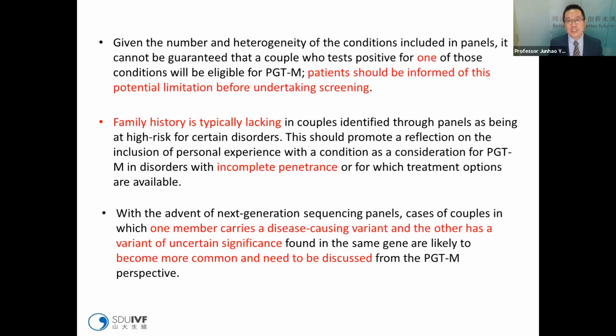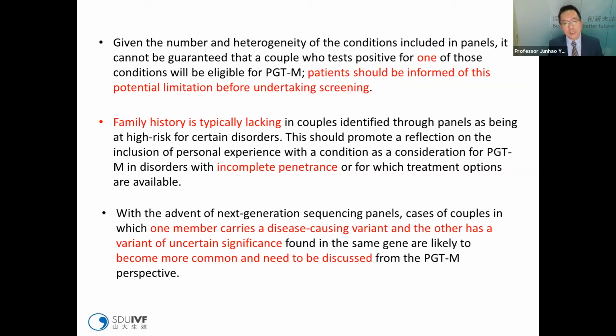Before the patients come here and want to do the testing, we should tell them that, given the number and the heterogeneity of the conditions included in panels, it cannot be guaranteed that a couple who test positive for one of those conditions will be eligible for PGT-M, because we can't do everything for a positive result. And we know that family history is typically lacking in these couples.